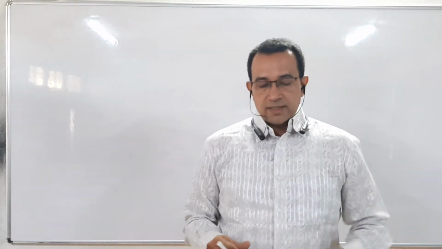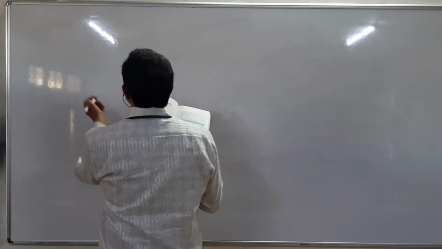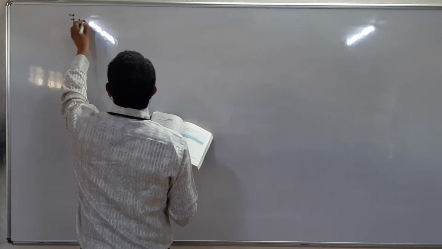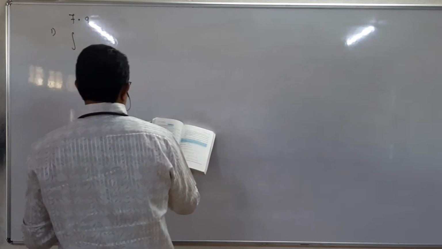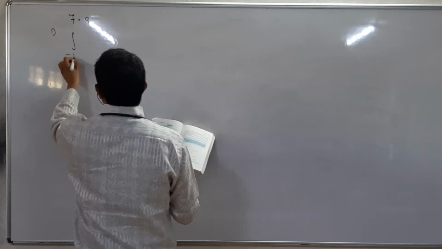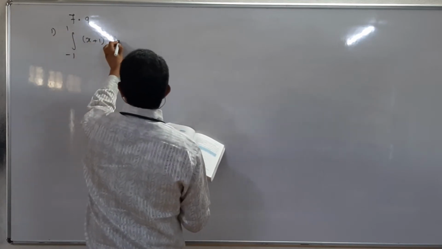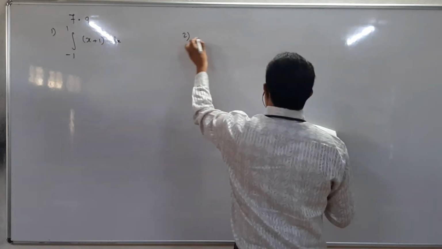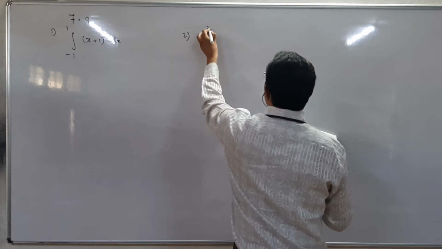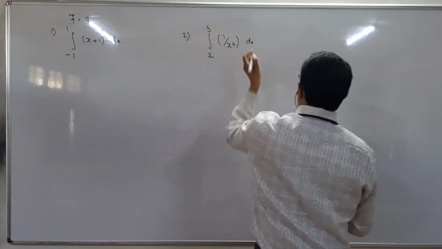Now students, say the first question is exercise 7.9, question 1. It is integral from -1 to 1 of (x + 1) dx. Second question is integral from 2 to 3 of 1 upon x square dx.